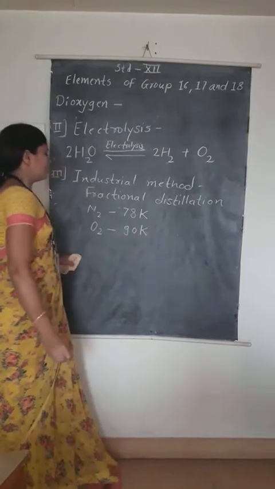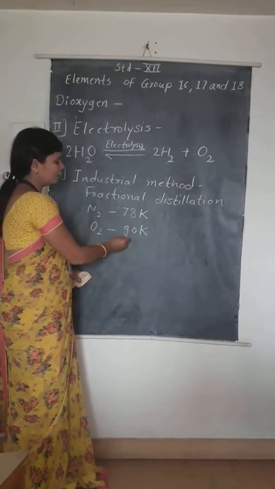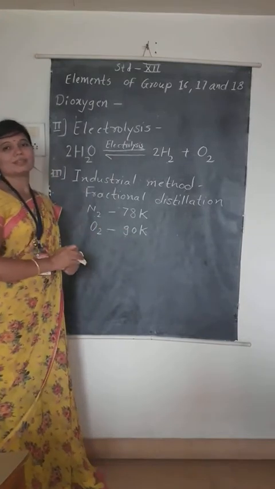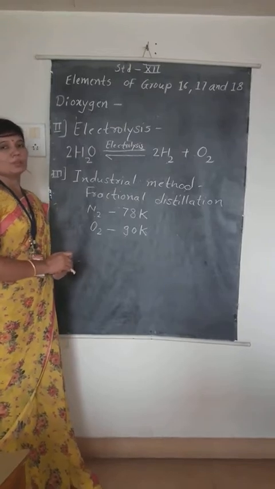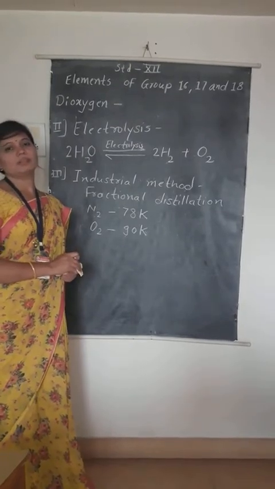So first nitrogen is distilled out, leaving behind the liquid oxygen, which is then separated. So these are the methods that are used for the preparation of dioxygen.